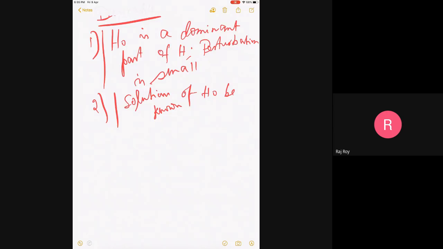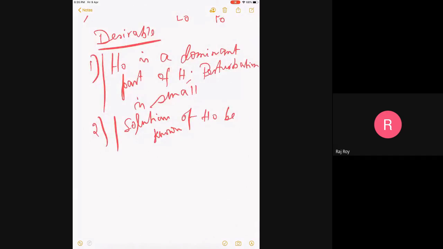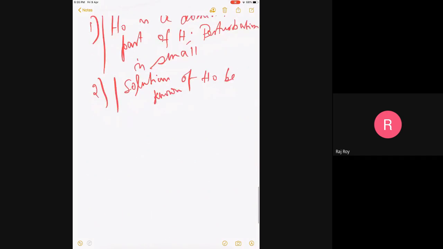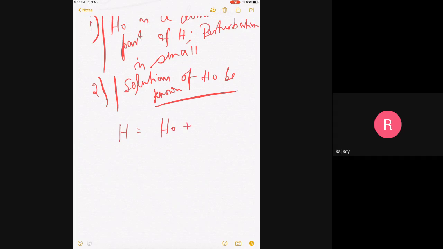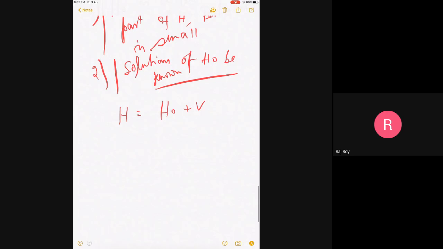So that is why we said this works as a very desirable condition, but keep this in mind as we go forward. You will also see that all solutions of H naught must be known. That is an essential condition. So with this, let me write down what we know already. We know that the physical Hamiltonian is some H naught plus V, where V is basically a weak perturbation, and the solutions of H naught are completely known.